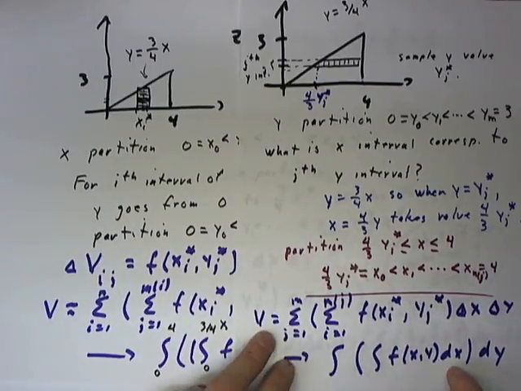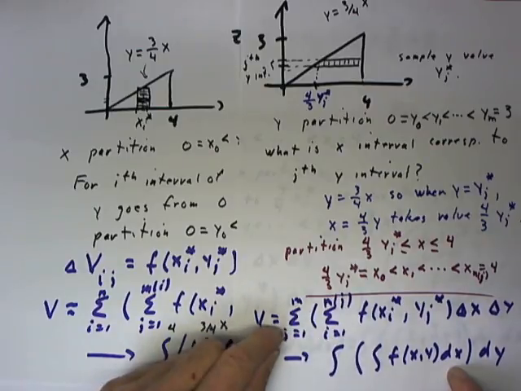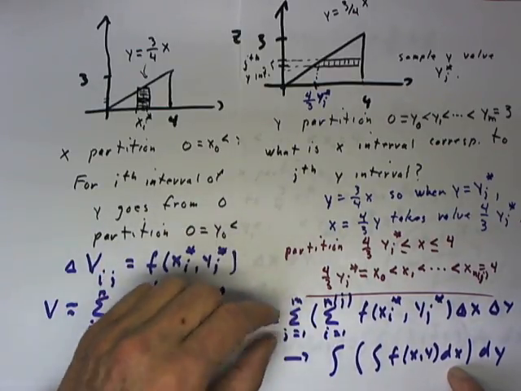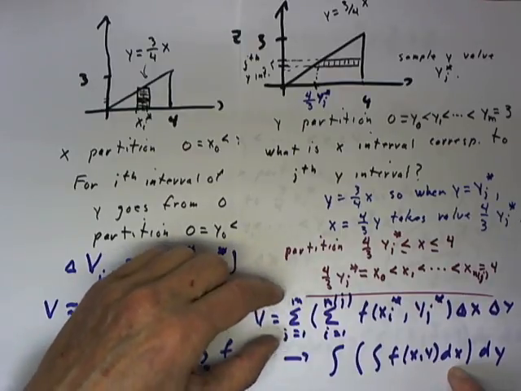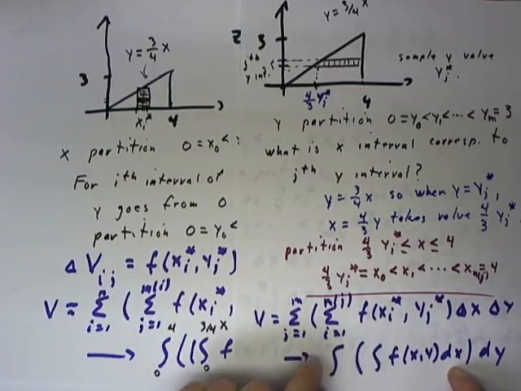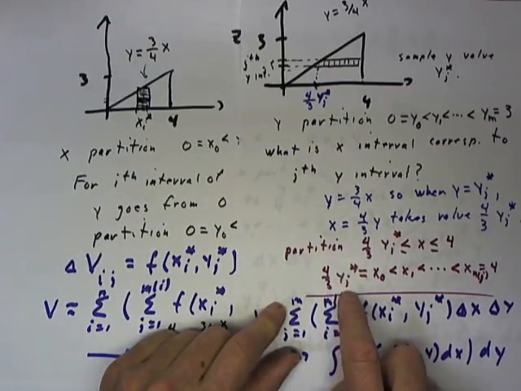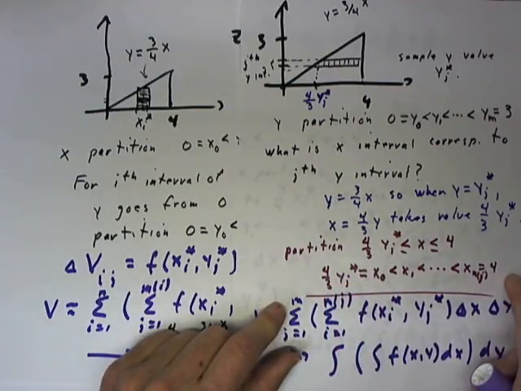Now we have to integrate x first because our limits on x depend on which subinterval in our partition of the j interval we're considering. So our x partition went from 4/3 yj star to 4.